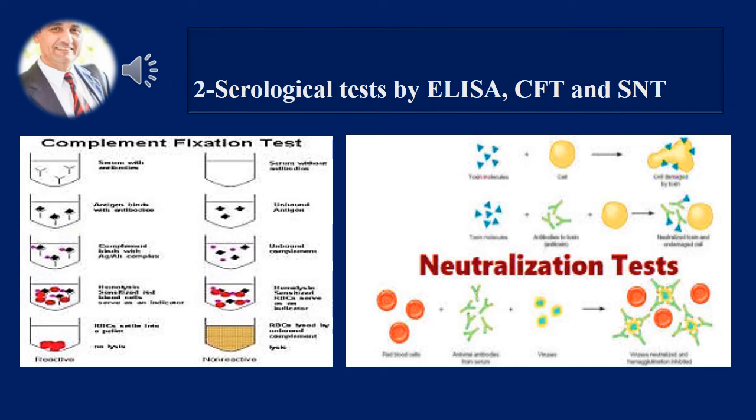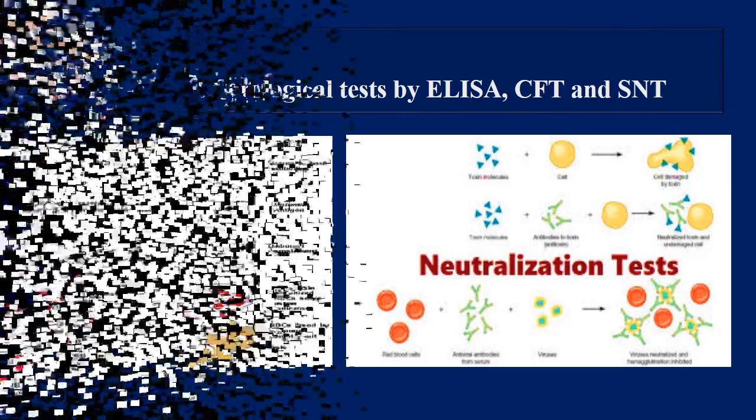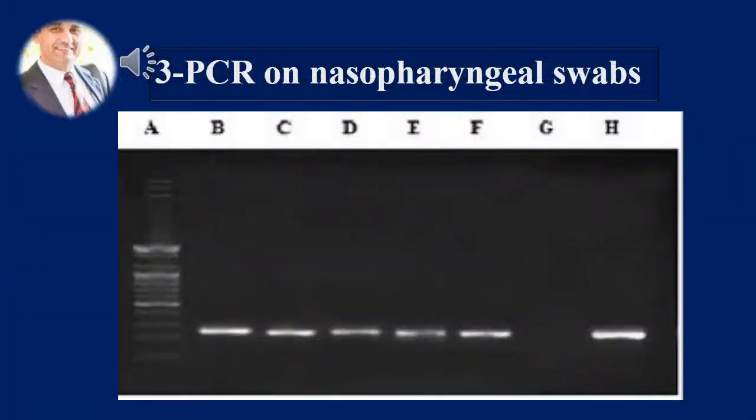Serological tests by ELISA, complement fixation test, and serum neutralization tests, and these two charts explain how to perform them. Application of PCR identification on nasopharyngeal swabs is the most accurate and specific test for identification and characterization of the infectious virus.